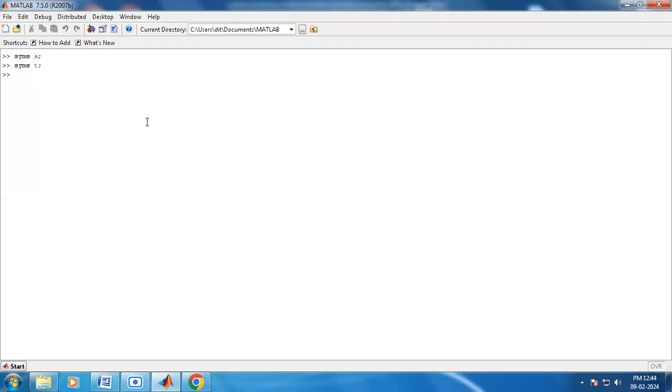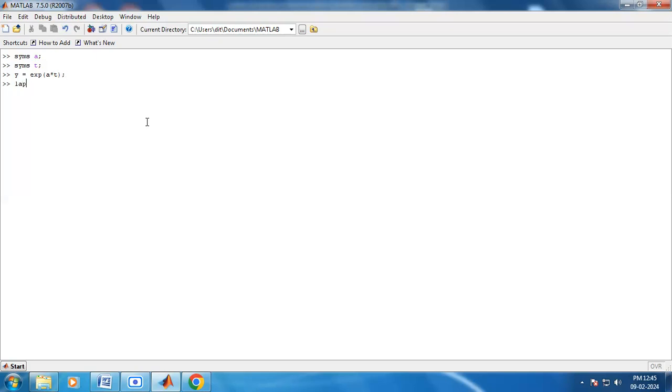Semicolon. Now we have to write the function y equal to exp, which stands for exponential, of a into t. Bracket close. You have to put a semicolon.